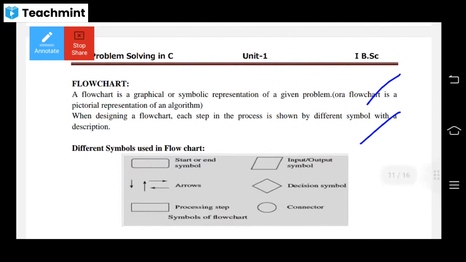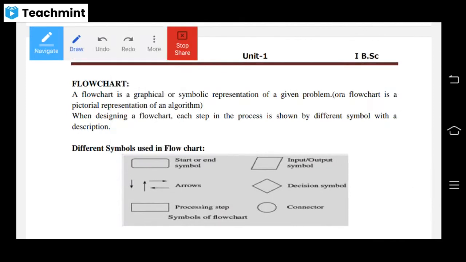flow chart. See here, what is the flow chart about? In an algorithm, we write a step-by-step procedure in the English language. But in flowcharts, by using some symbols, we present it in a symbolic way.